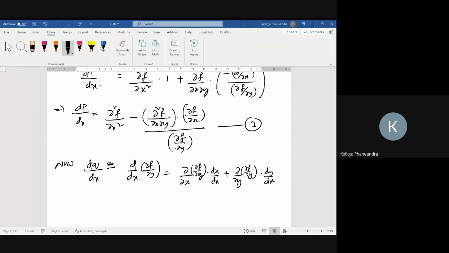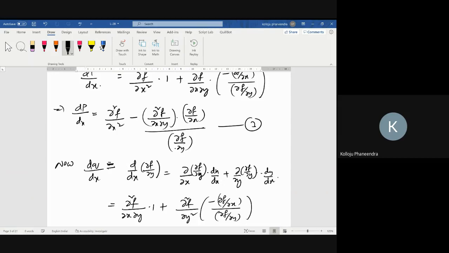So that is equal to, what is the first one? ∂²f/∂x∂y into 1, plus the second one is ∂²f/∂y², and what is the dy by dx value? Minus ∂f/∂x by ∂f/∂y.